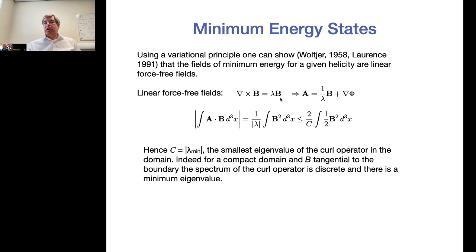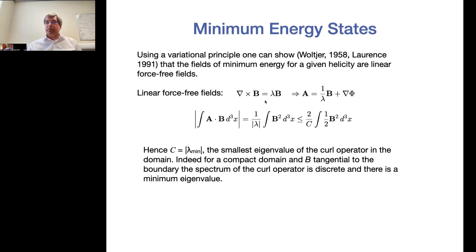The reverse statement does not hold, so not every linear force-free field is a minimum energy state, and for instance, you can have things like kink instability for linear force-free fields with high values of lambda.